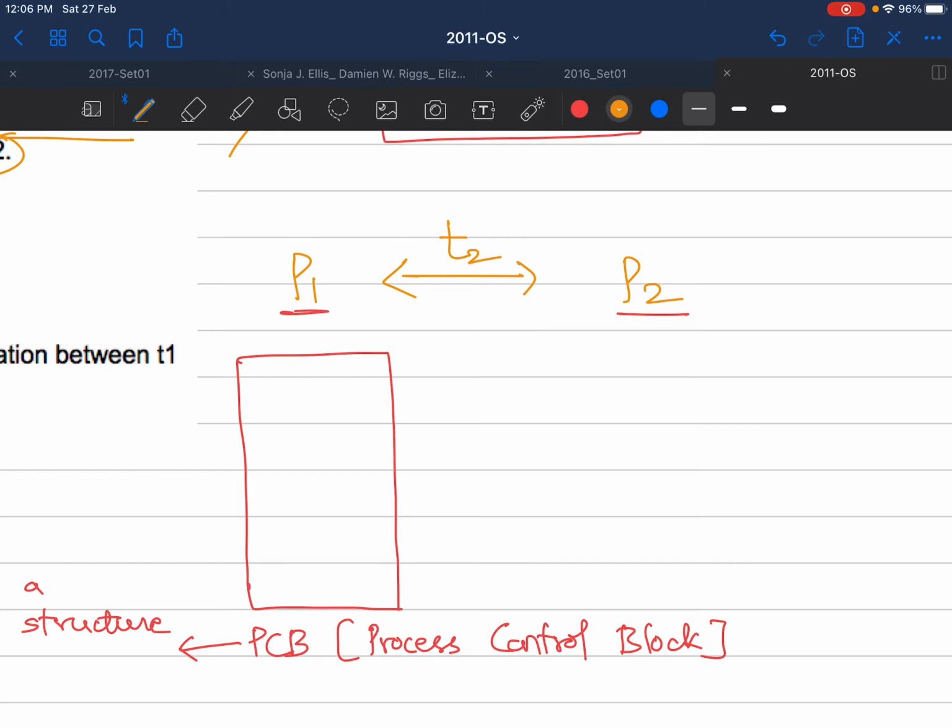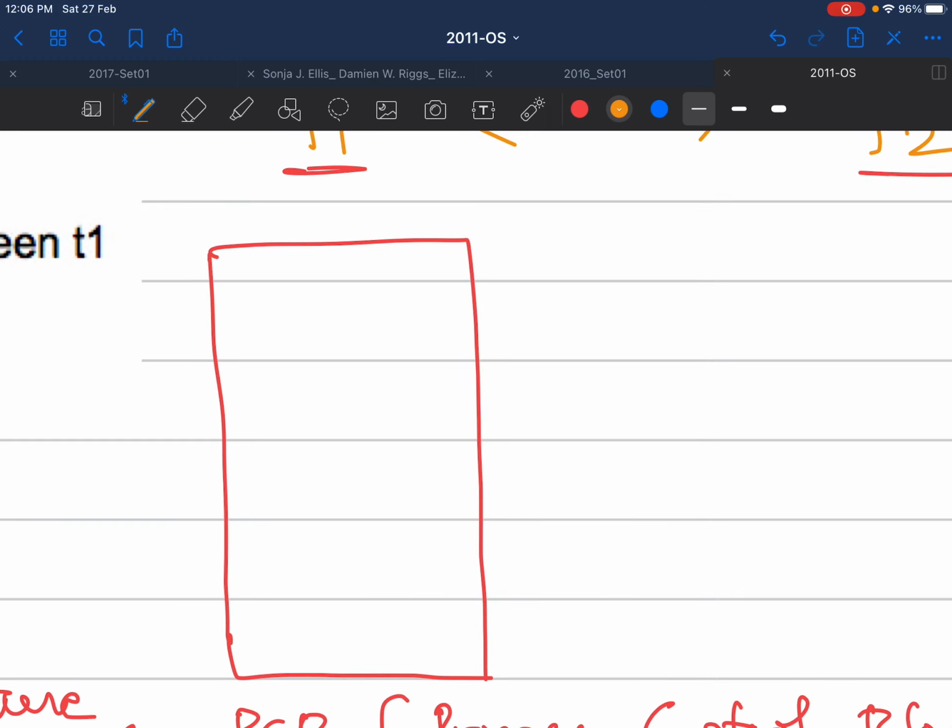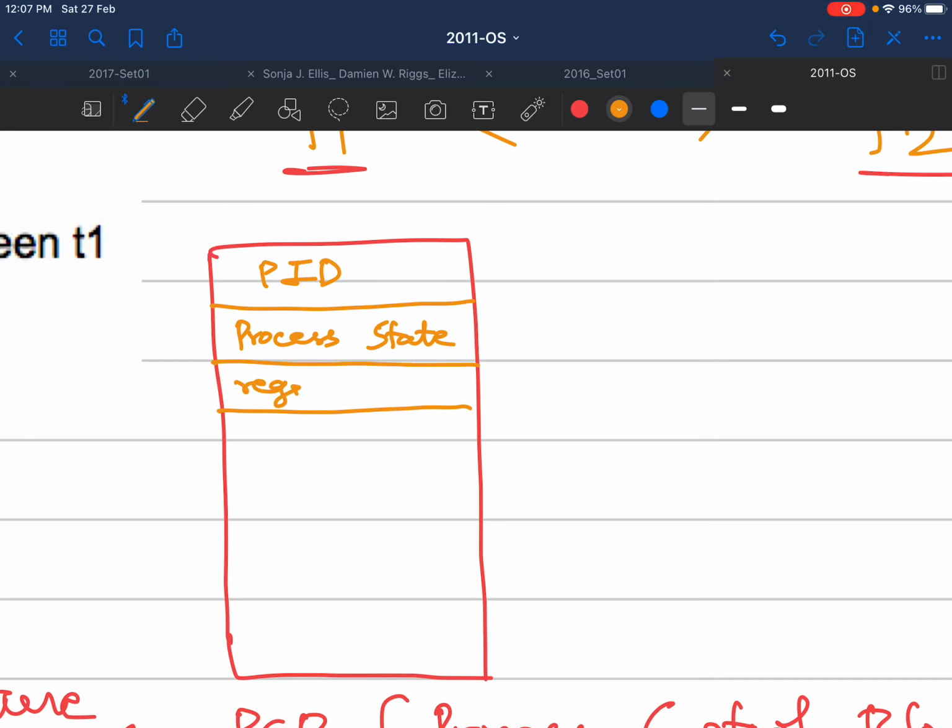Now PCB is a very elaborate structure, it's a very big structure. The data that the PCB will carry is, first, the ID, called process ID. Then it has to carry the process state, like what state the process was in, whether it was running, whether it was paused, whether it was waiting, whether it was ready. Then it has a list of register data, what the process was working on.